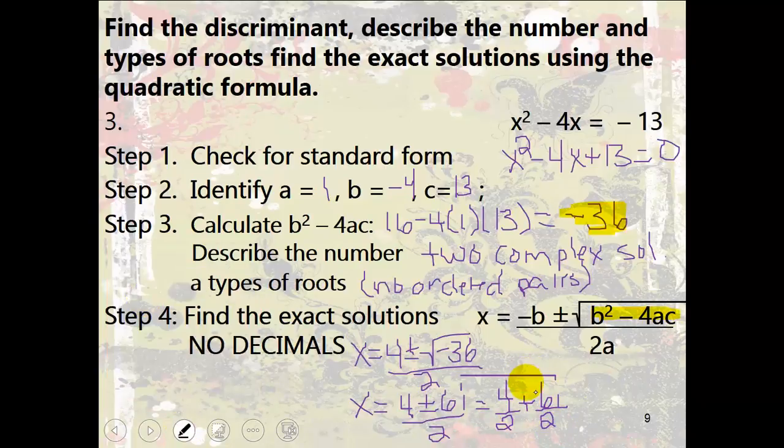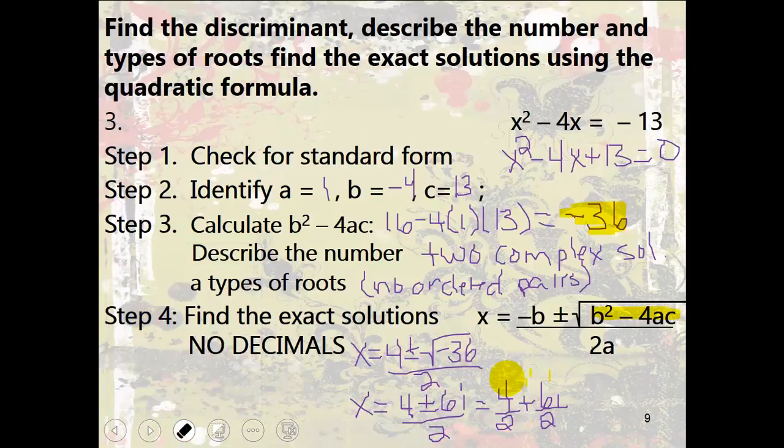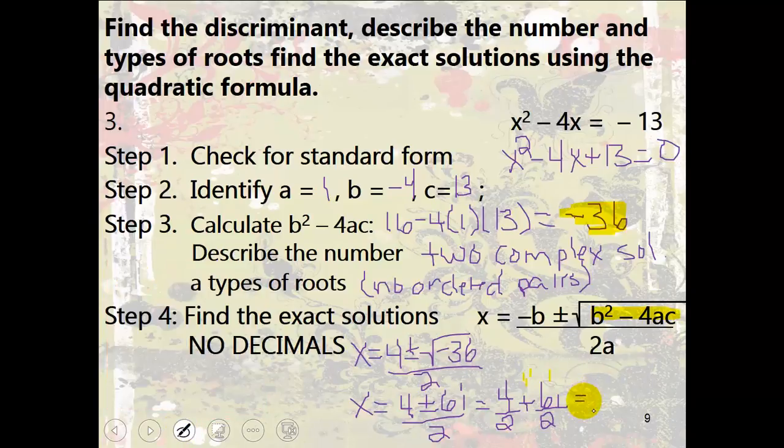Four over 2 plus 6i over 2, which gives me 2 plus or minus 3i.